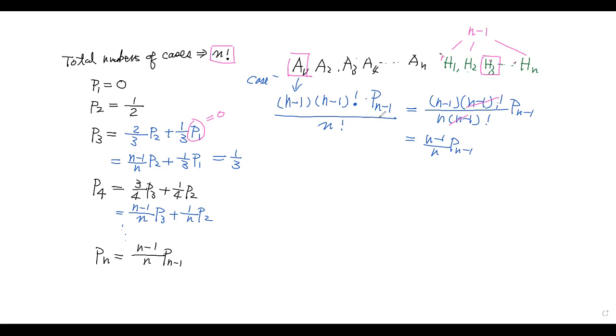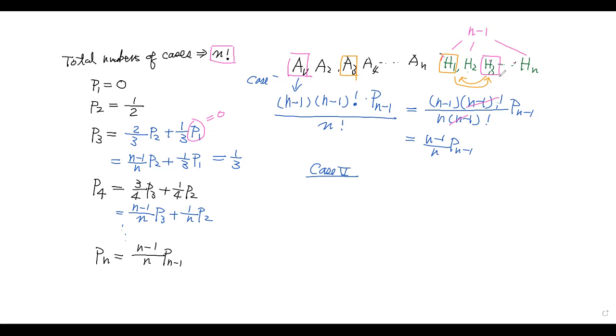Okay, so now I have a second case here, case number 2. Case number 2 is A1 chooses hat 3, and A3 chooses hat 1. These two just switch. All right, so let's see what the probability is here.